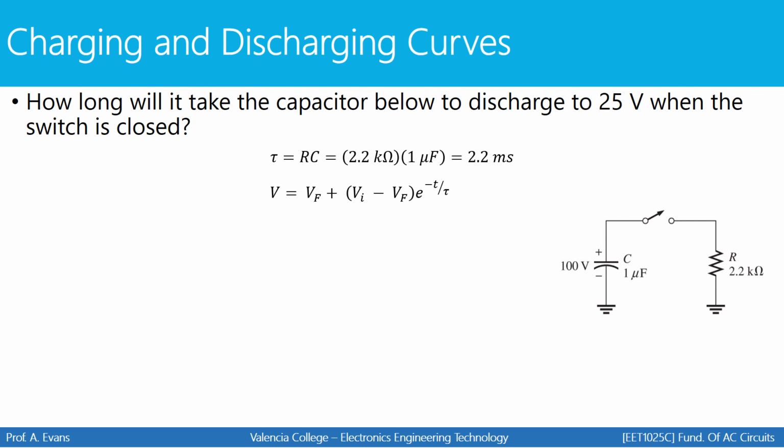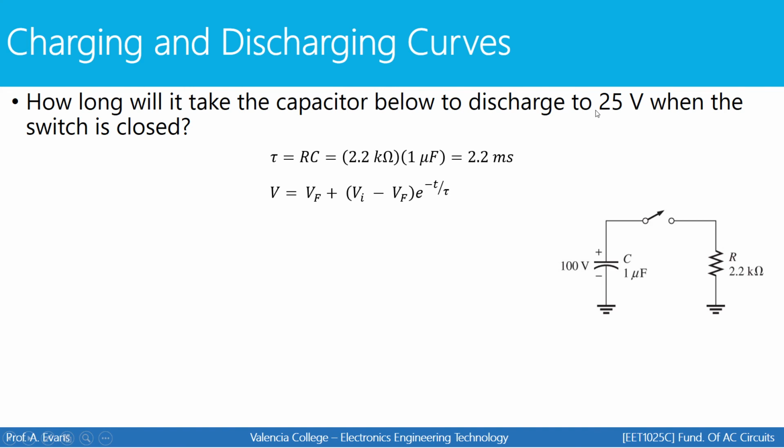So those are your initial and final values. Keep in mind those initial and final values are going to change based on whether you're charging or discharging. When you're charging, your initial value is 0. When you're discharging, your initial value will be what the capacitor has already been charged to. The other thing we know is our instantaneous voltage. The question is, how long will it take to discharge to 25 volts?